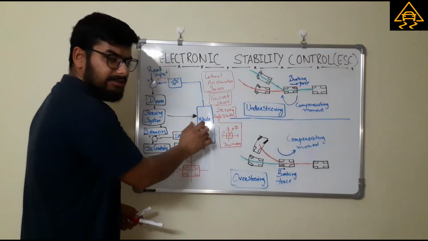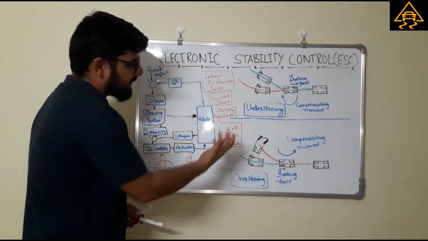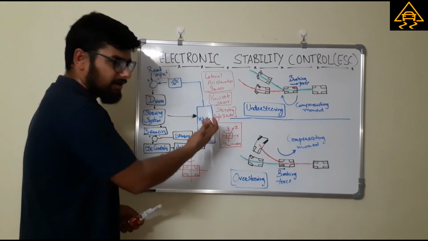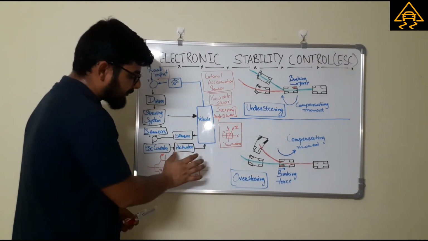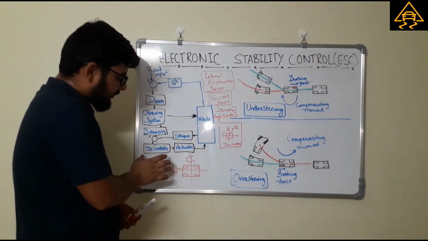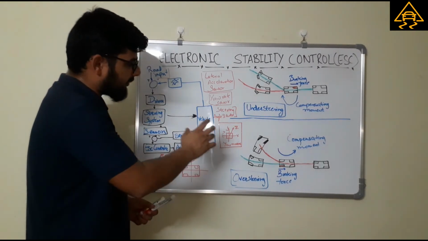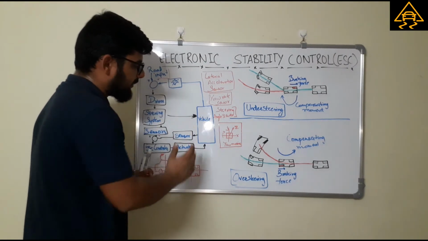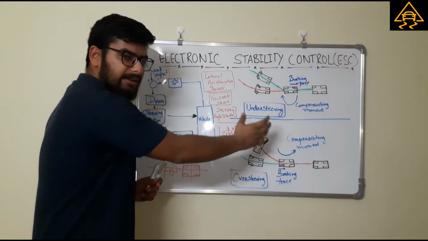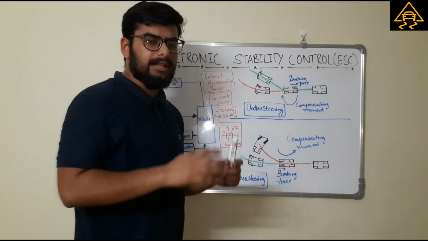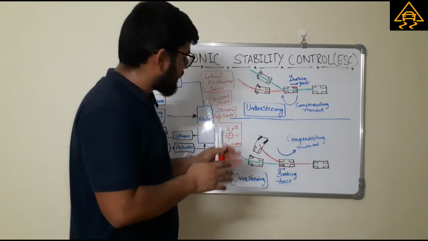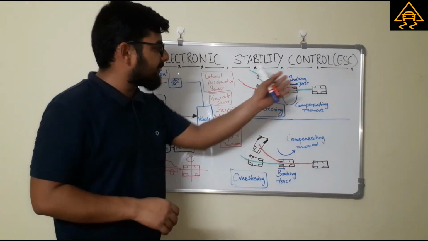We also have sensors on the vehicle like the yaw rate sensor and the lateral acceleration sensor, which give feedback from the vehicle. Then the actuators, based on the feedback required to turn the vehicle, give braking force to the required tire, and in some cases also tune down the engine power to the wheels in order to compensate the turns.